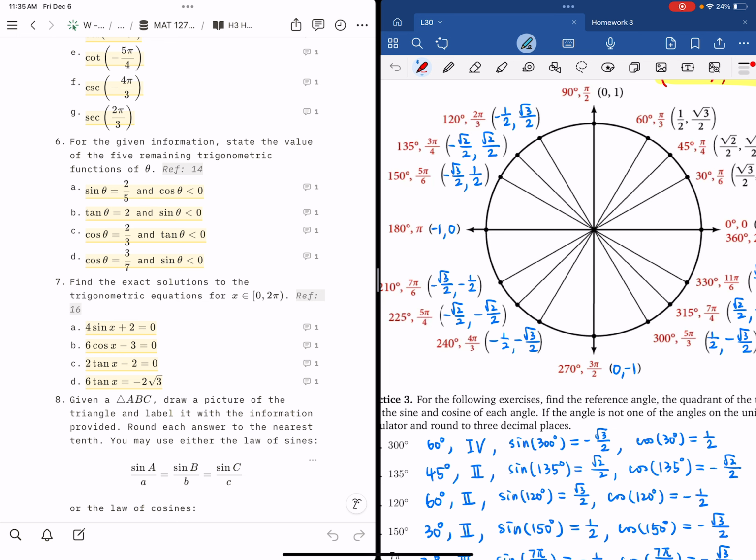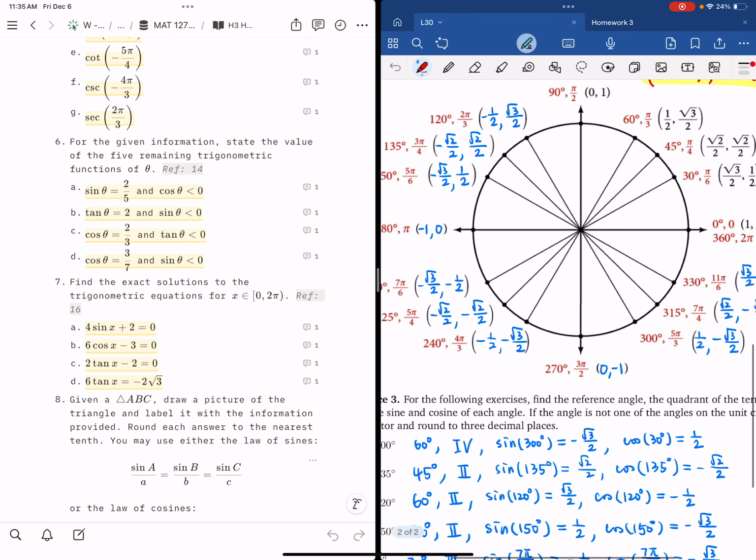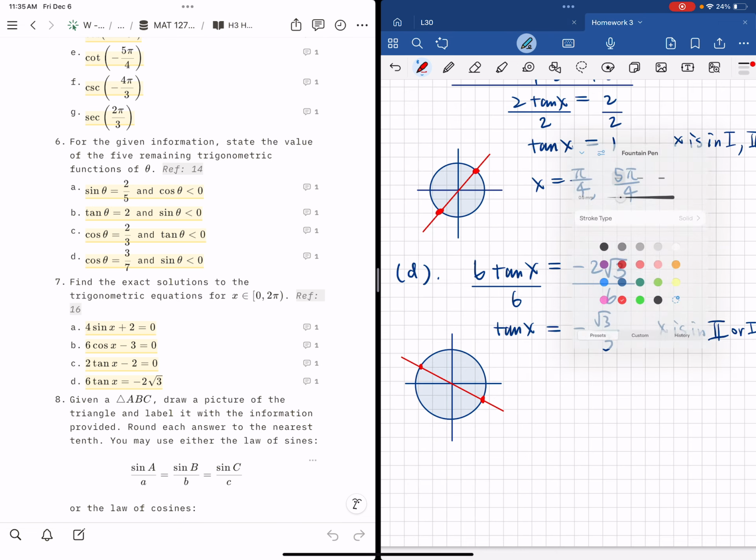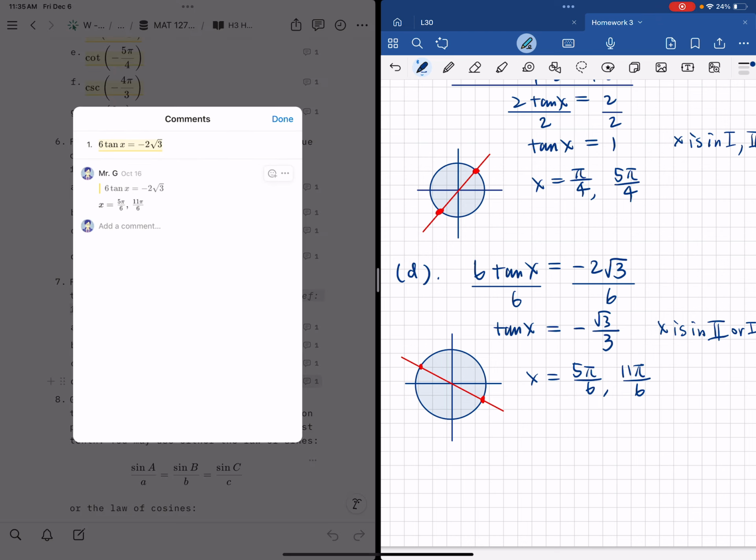It's 5 pi over 6. And then you could just use the symmetry to find the other angle right here, and that's 11 pi over 6. And let's see if it's right. Yeah, it's right.